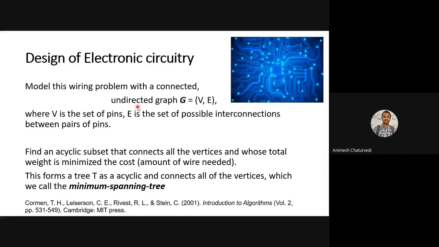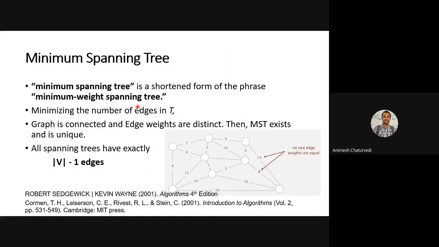This is just one example, the design of an electronic circuit, but minimum spanning tree can be used in many examples like this. Now we'll come to the fundamental graph theory and algorithm part that we want to study. Minimum spanning tree is actually the short form of minimum weighted spanning tree, so we do not include the word weight and just call it minimum spanning tree.